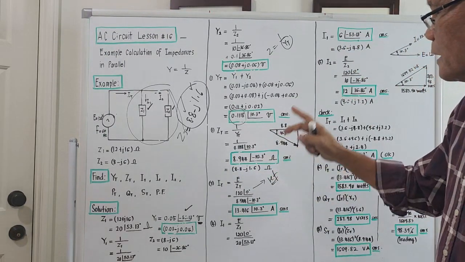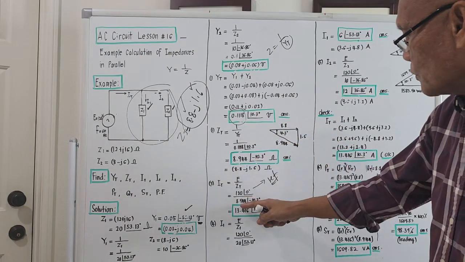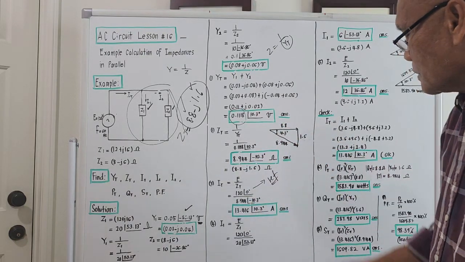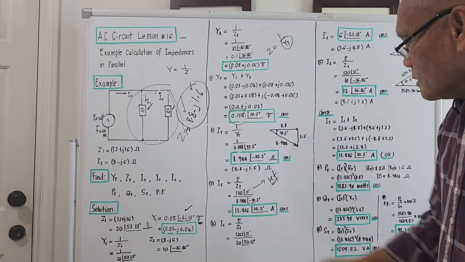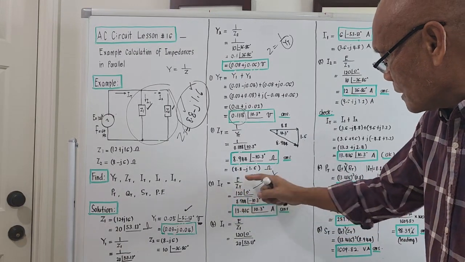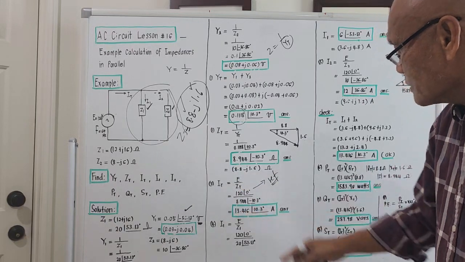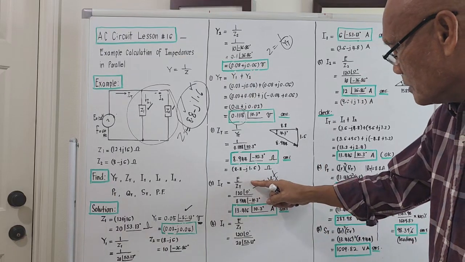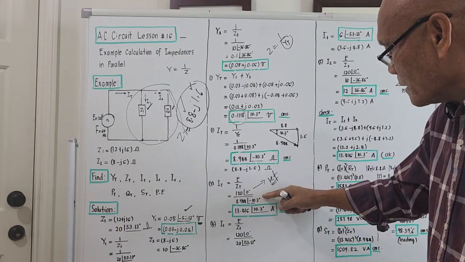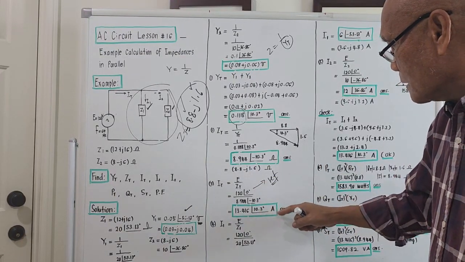The total impedance in terms of polar is 8.944 angle negative 10.3. We are dividing two polar numbers, right? So 120 over 8.944 will be 13.416, and the resulting angle of the total current will be 0. We bring this up, it will now be plus, angle 10.3 degrees amperes.